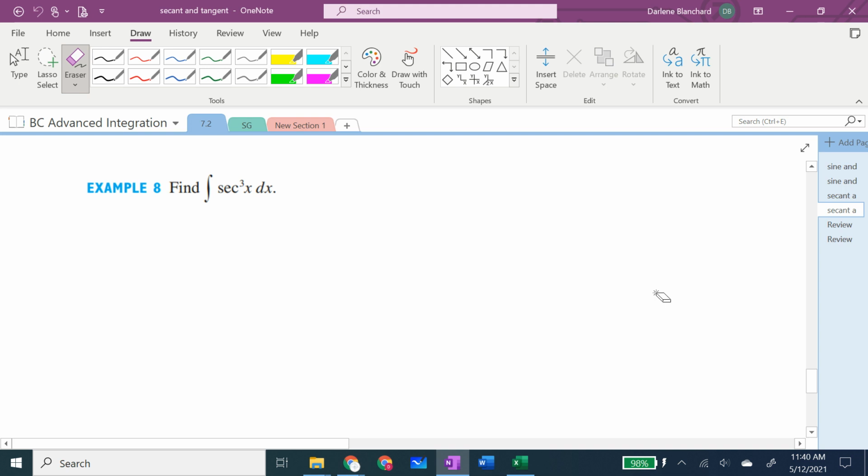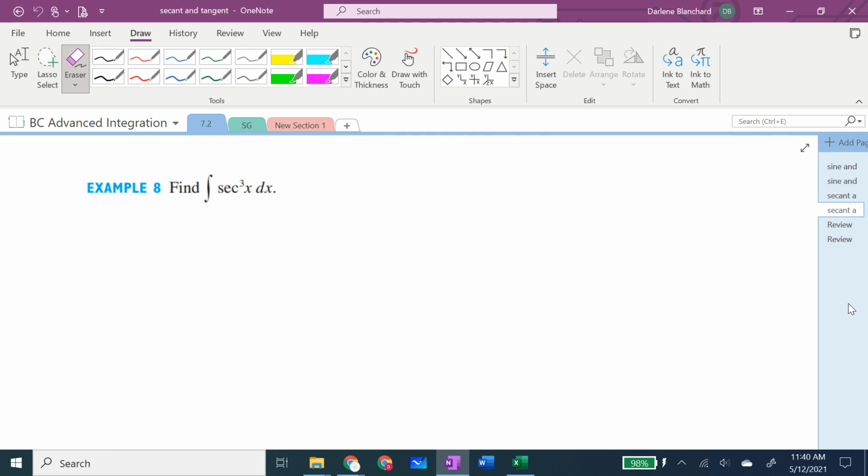Now, yesterday, I told you I was saving secant cubed for today. And I think I gave you a little bit of a warning that this one is especially different. So you've got notes out. This is the only trig function that you have to go through integration by parts to solve.